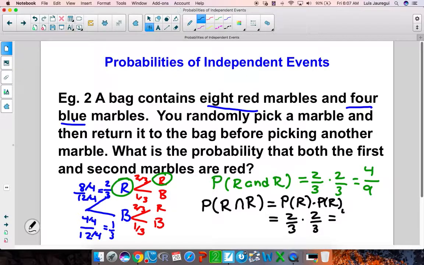So that's still 4/9. So you still get the same answer. It's just that in the first method we're using our tree diagram, and in the second one we're using one of the formulas for independent events.